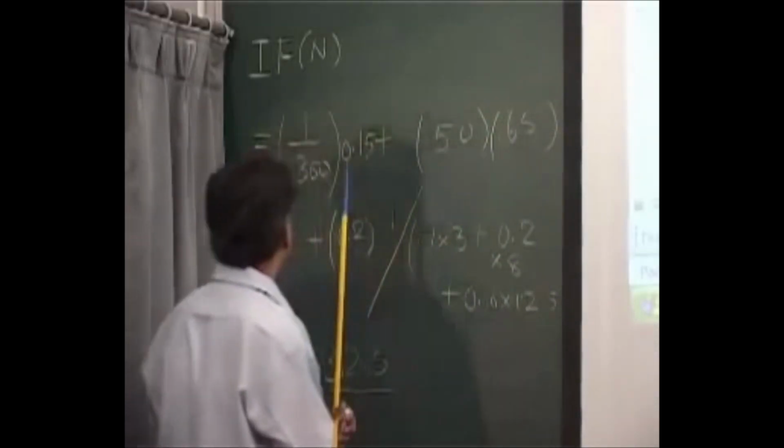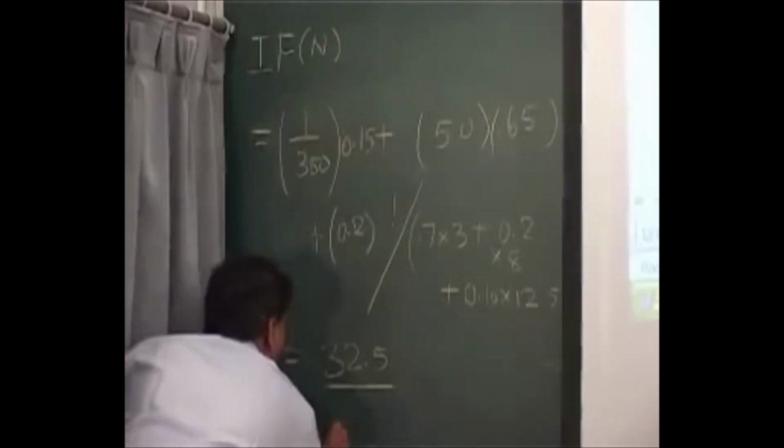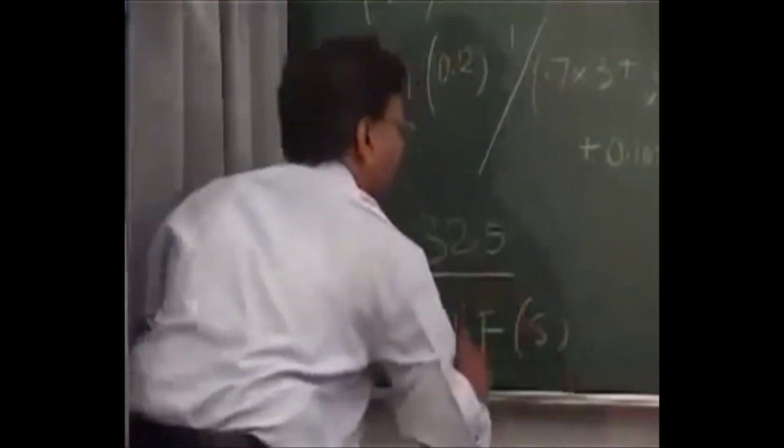So it will be 32.5. What will be here? Anyone can give me the number? 20 into 0.65, so that is about 13. Then you have 10 into 6.5, about 6.5. And this one will again be 13. So the maximum impact factor is from north and the minimum impact factor is from south.